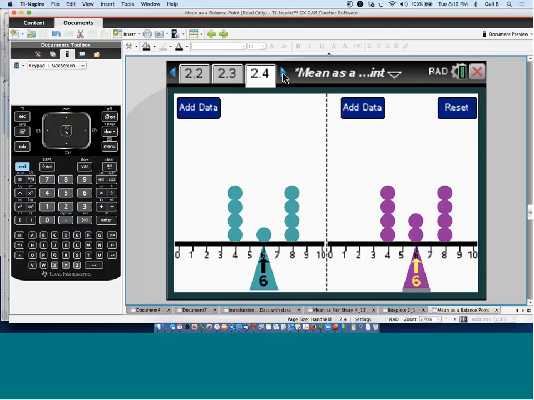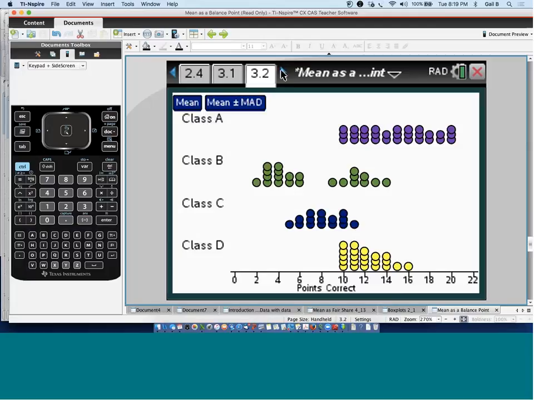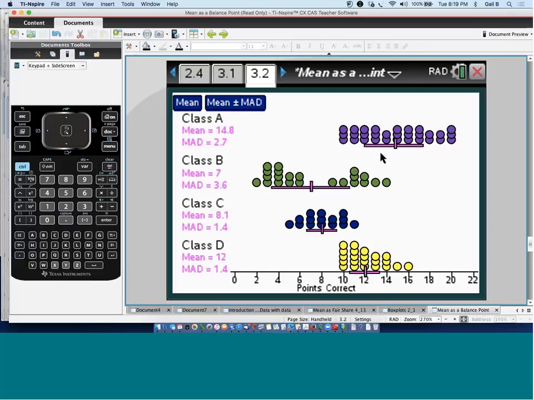The last little piece, this is 6th grade, and it's called the mean absolute deviation. And you have to get to the mean because you may have different values or different numbers in your tournament. When kids look at distributions, so here are the distributions of points correct for some quiz that some classes got, they can estimate where they think the balance point of the distributions will be, and they can estimate or actually even compute what the mean absolute deviation will be, to get a sense of what the mean plus or minus this mean absolute deviation is going to look like.